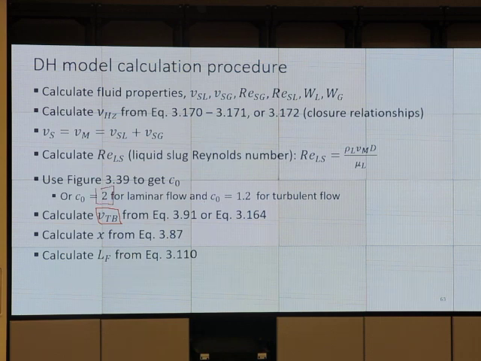Also this, 2 and 1.2. That C0 is a distribution parameter, right? That distribution parameter has to do with the velocity profile inside the slug body. Right now, 1.2 comes from the case where everything is uniformly distributed.